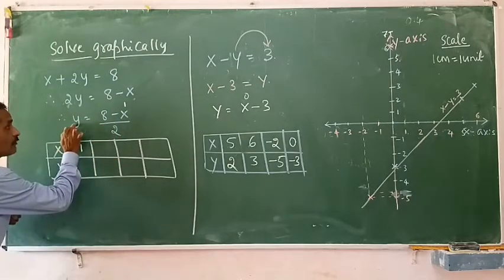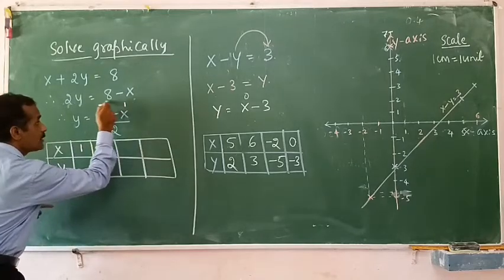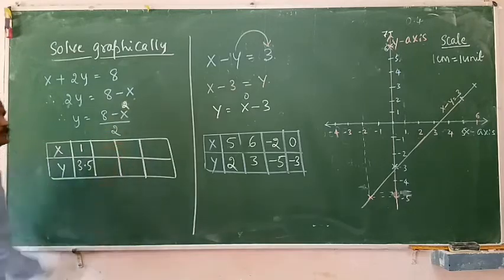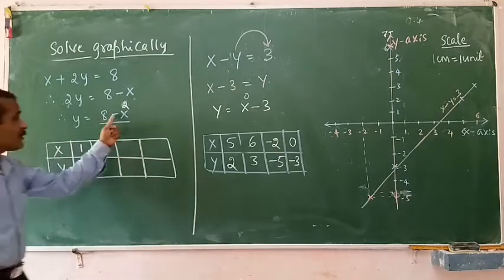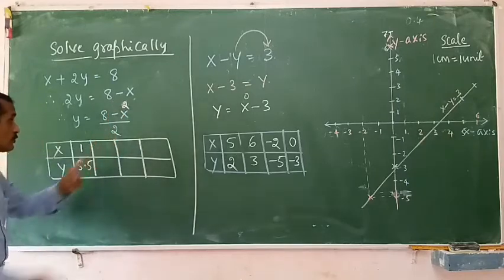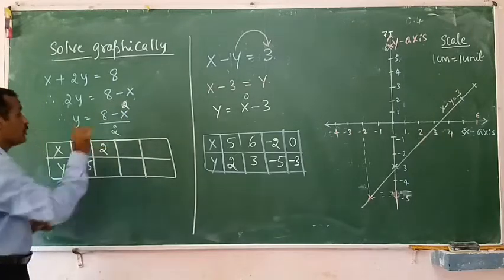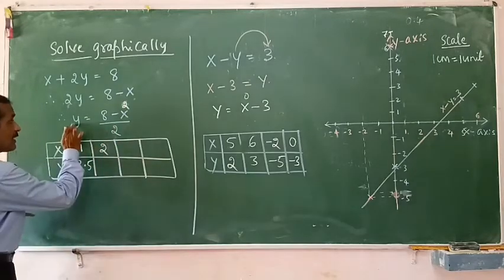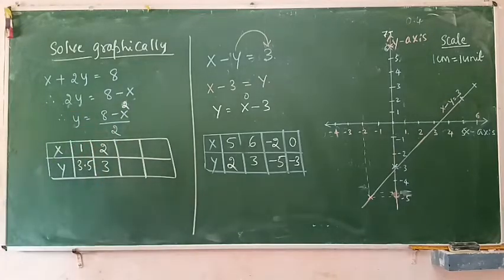That is the value of y. Y is equal to 3.5. I will put x is equal to 2. 8 minus 2 is 6. 6 by 2, answer is 3. 3 is the value of y. Y is equal to 3.